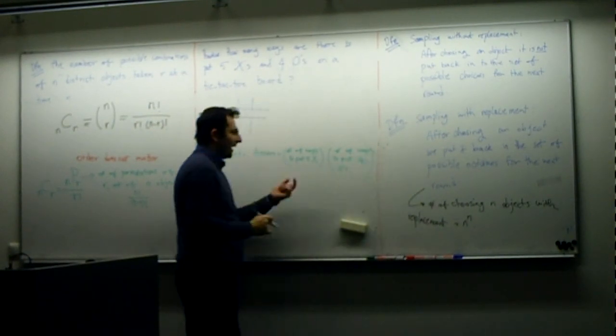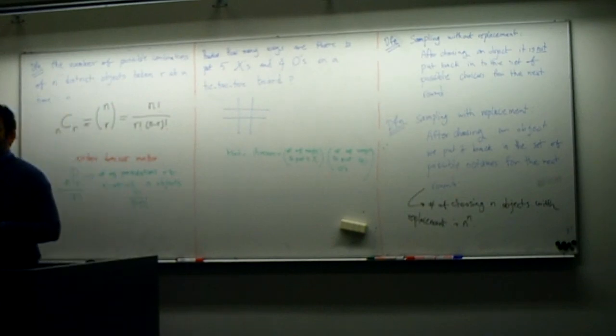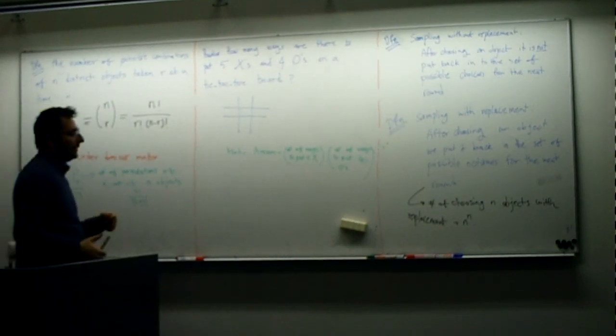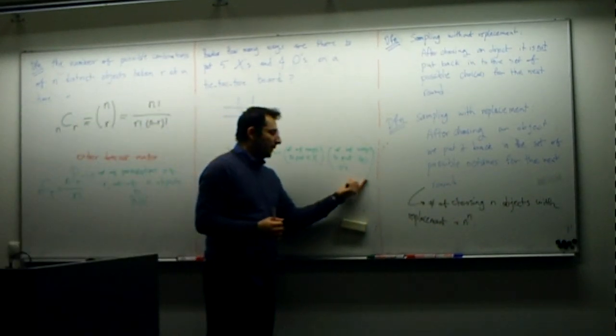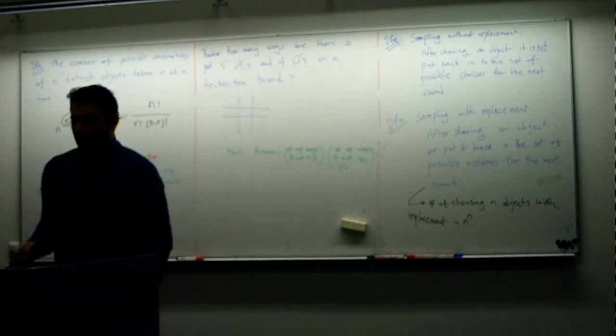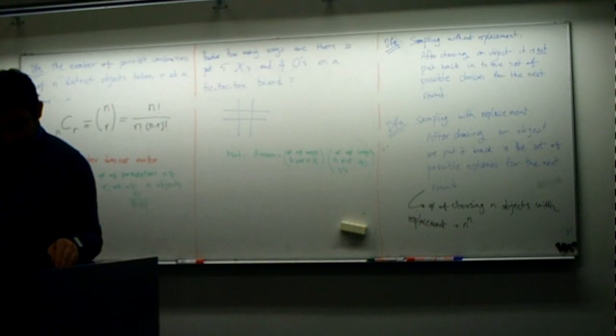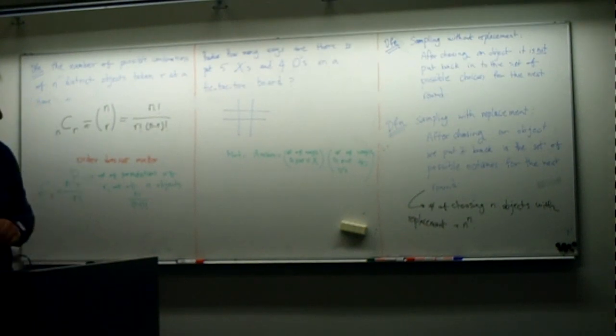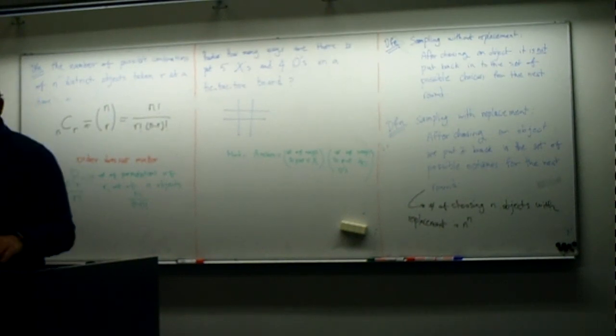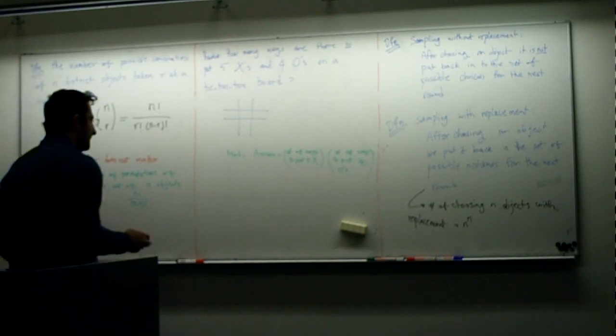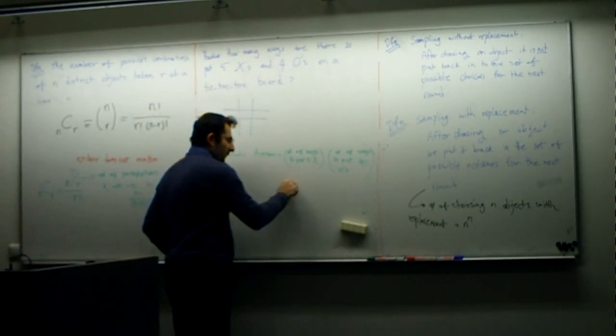So you have to calculate how many ways you can put 5 x's, then how many ways you can put 4 o's, and then you will get the result, which is 136.